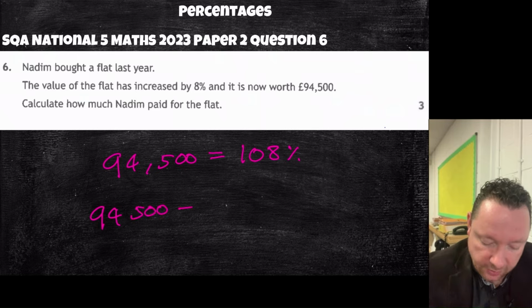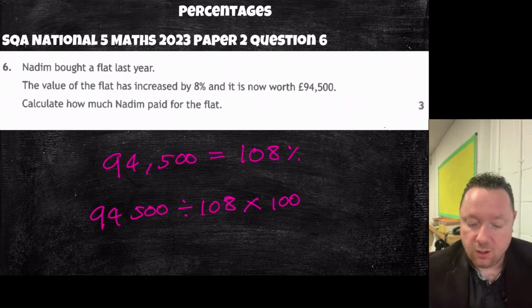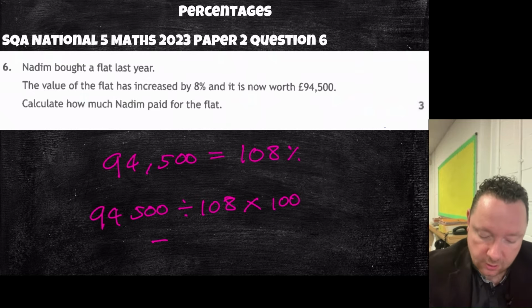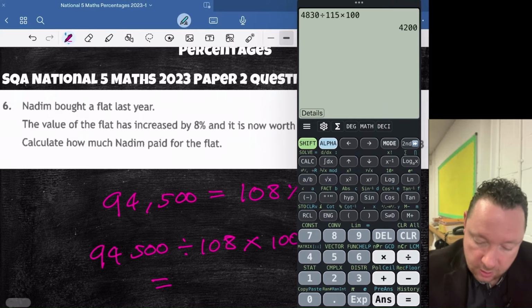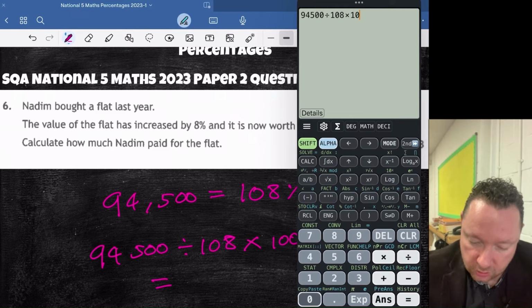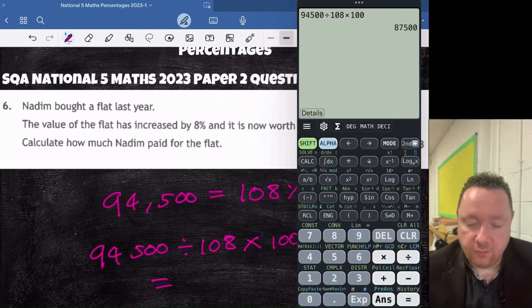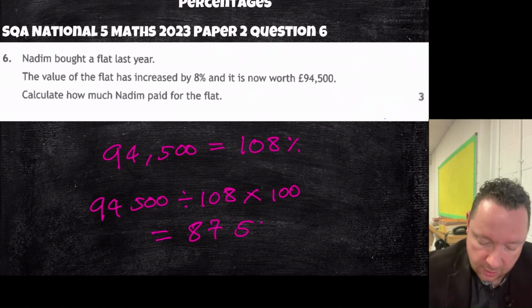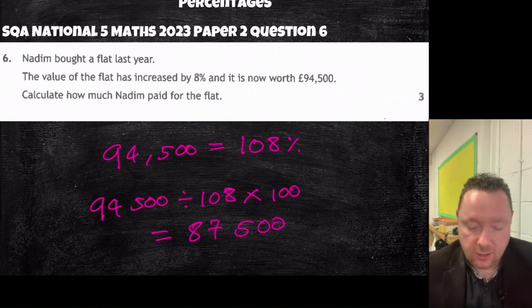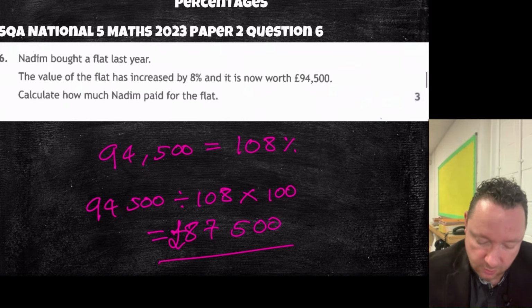Calculator paper this. 94,500 divided by 108 times 100 is 87,500. And since it's money, we need a pound sign, so we put a pound sign in and we're done there.